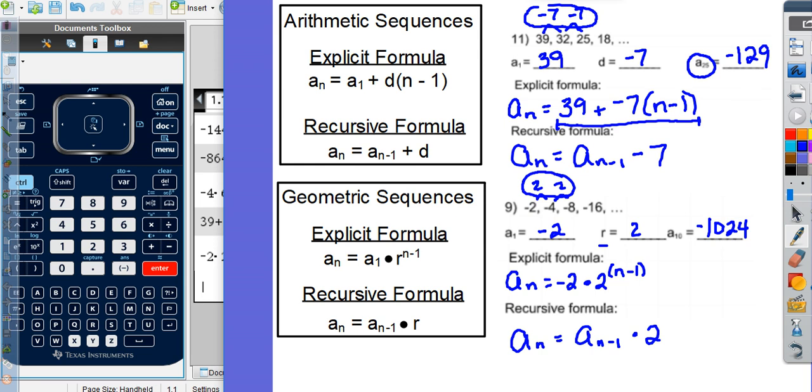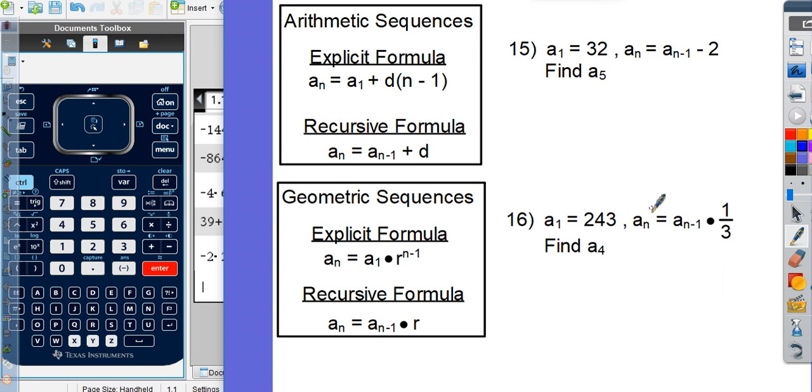All right, so there's one other way. I'm sure there's lots of other ways that we could see it, but one other way we're going to look at today. They haven't given us much information here. I know my first term is 32, but then they give me this right here. So right now, I may not even be sure if this is arithmetic or geometric, but I see this n minus 1, and I know this is the recursive formula. And if you remember, the thing we always talked about on the recursive formula is the very end.